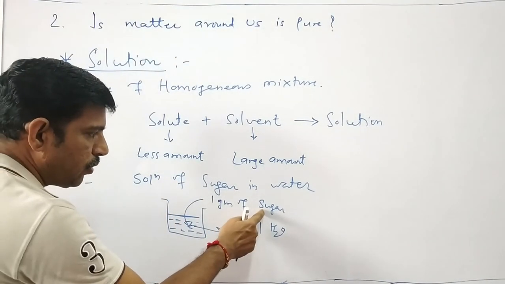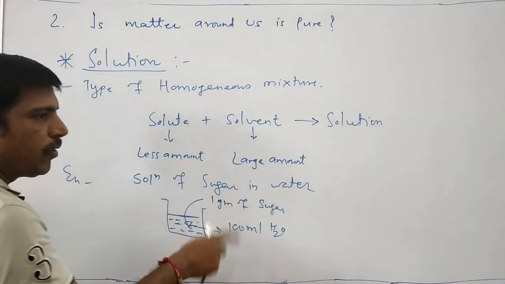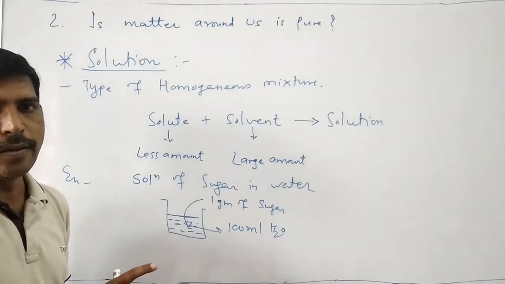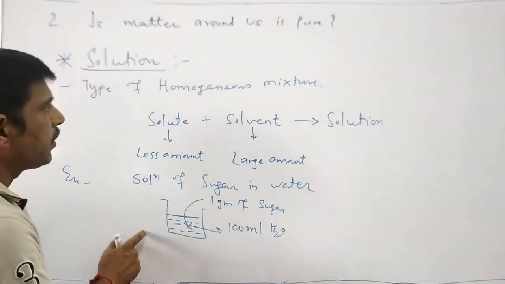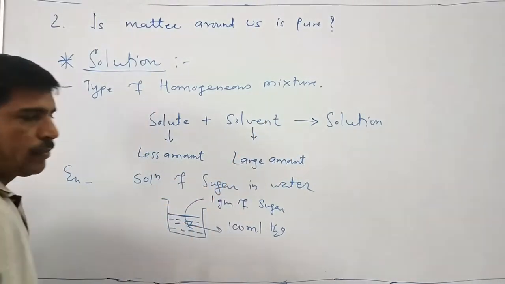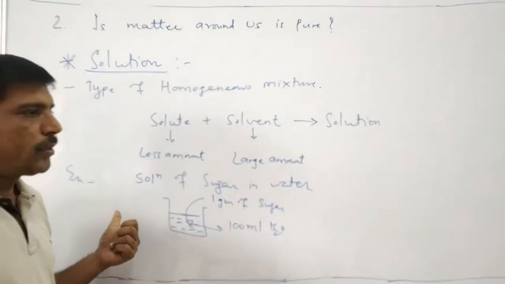See, the sugar is in solid state or solid phase. Water is in liquid state or liquid phase. But after mixing the sugar, we are getting only liquid state of matter. So this is the example of homogeneous mixture. This is the example of solution. Then what is the properties of the solution?